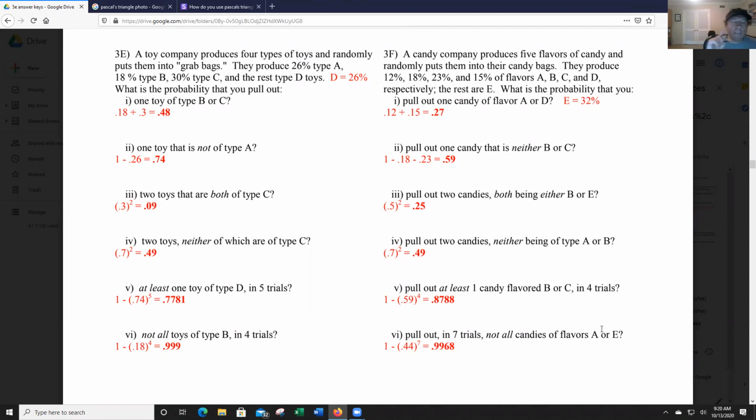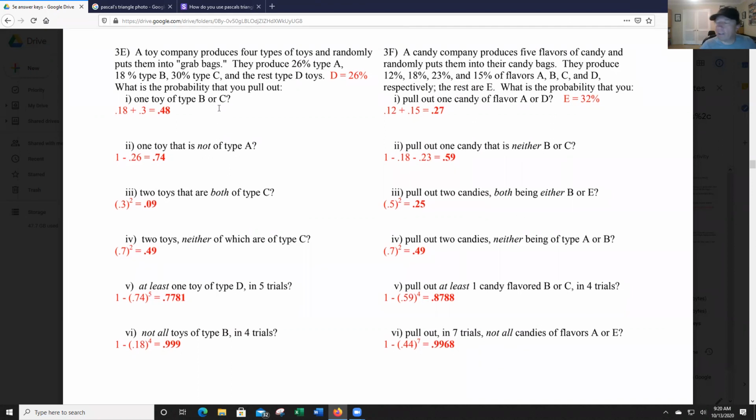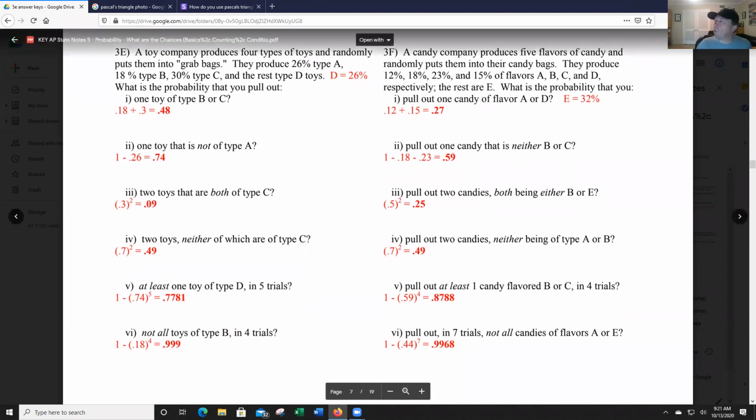Now, remember the formula for OR problems. It is probability, in this case, of B plus probability of C minus the intersection of B and C. Now, in this case, this intersection is 0 because you can't type out a toy that's both B and C. It's one or the other.